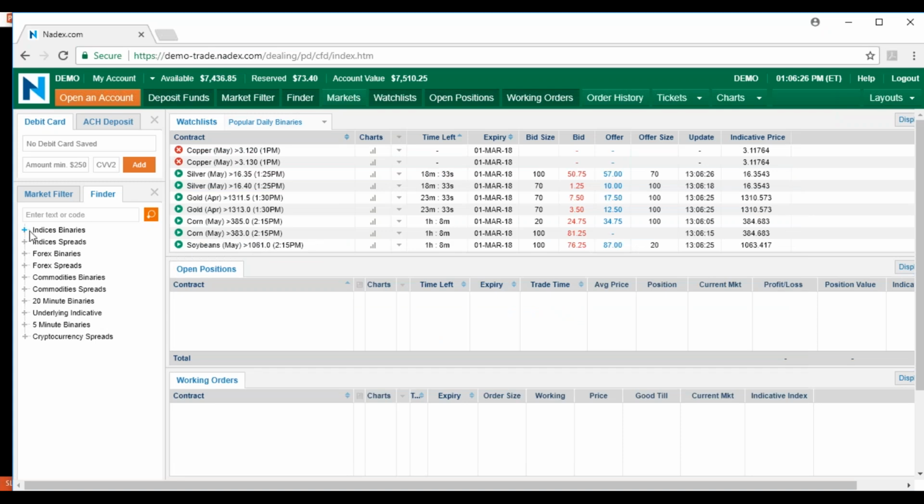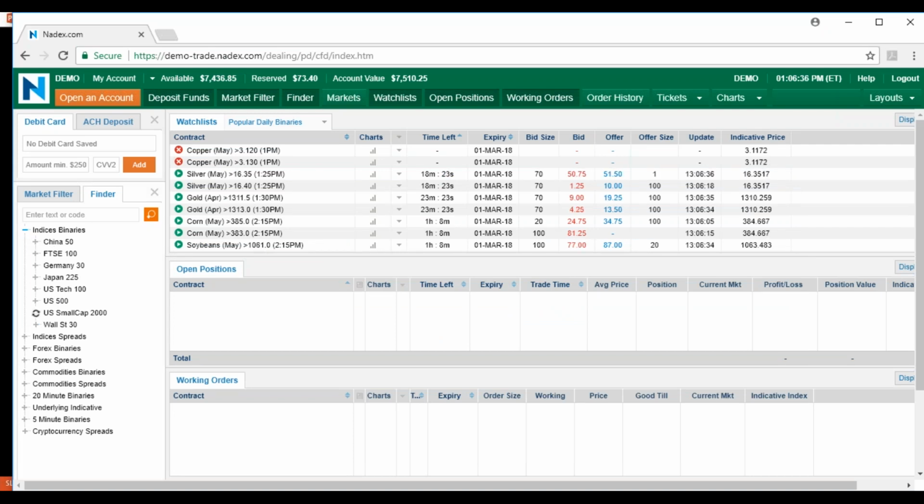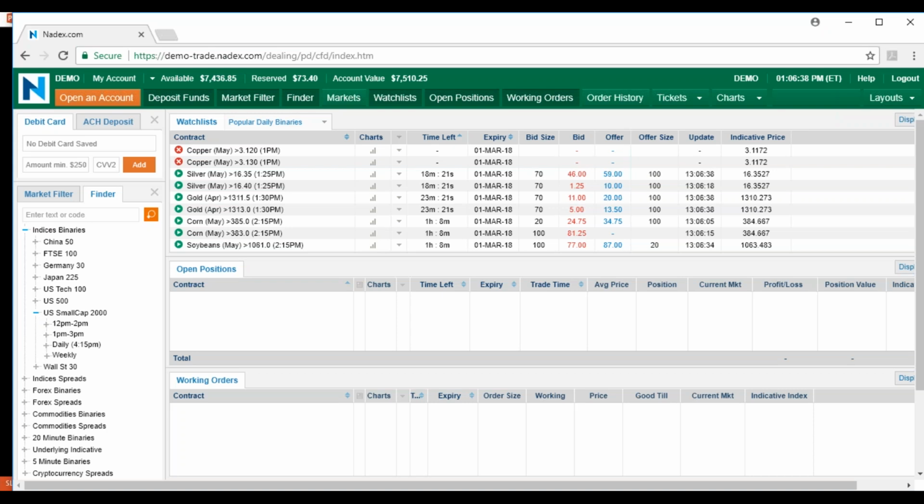But the Nadex demo platform is a great place to get familiar with Nadex, the different products and instruments they offer, and the different expirations. It's a great place to practice any strategies or systems that you're trying to learn. Practice them in demo, master them in demo before you move over to live money. You don't want to use your live money practicing and learning.